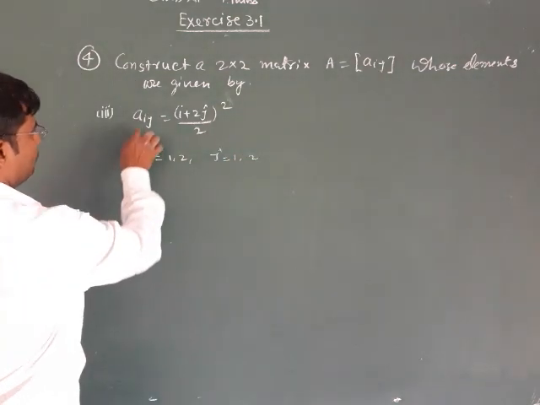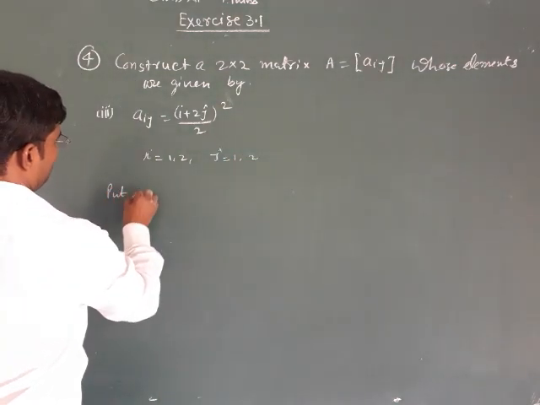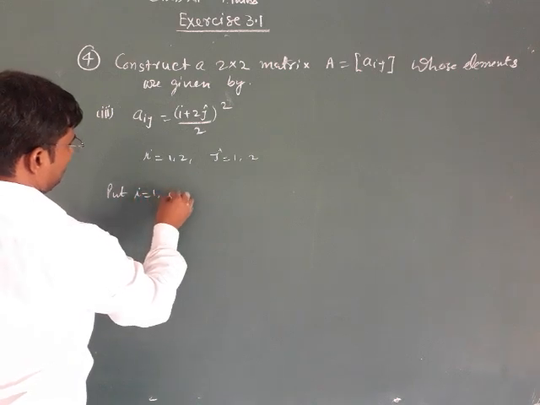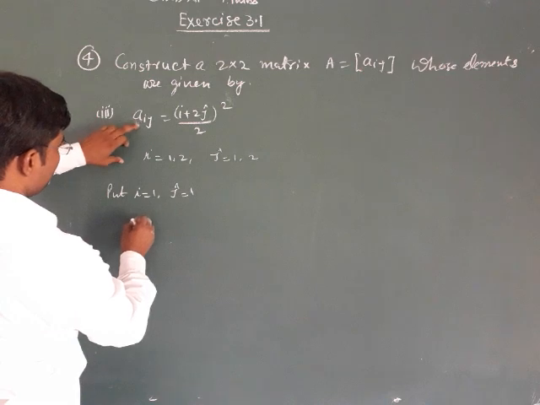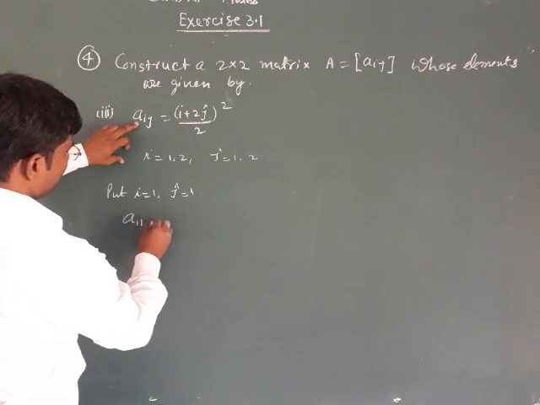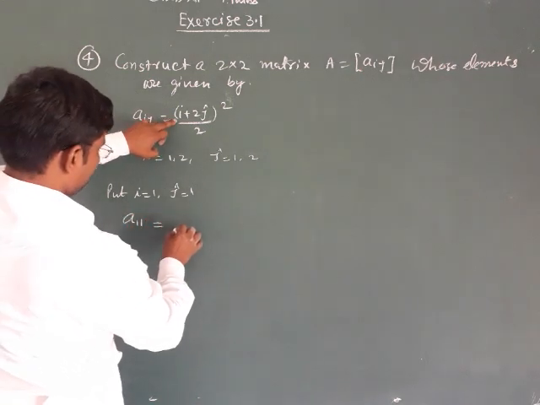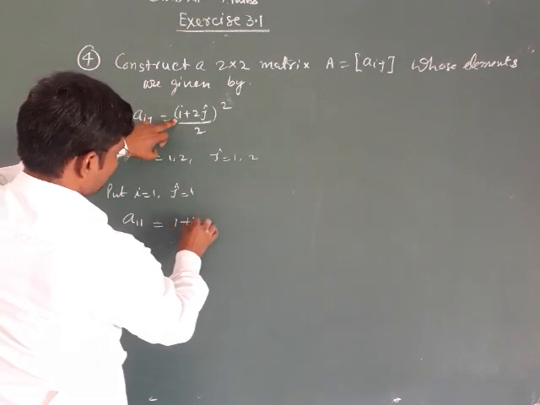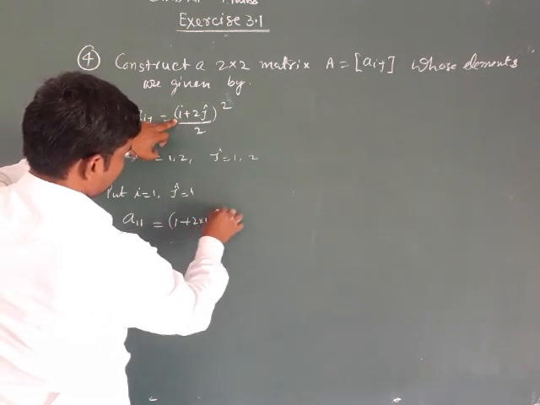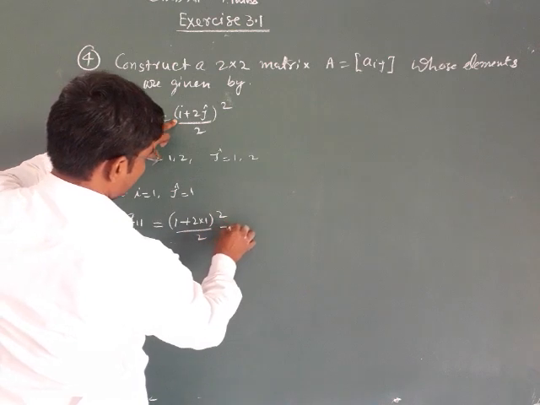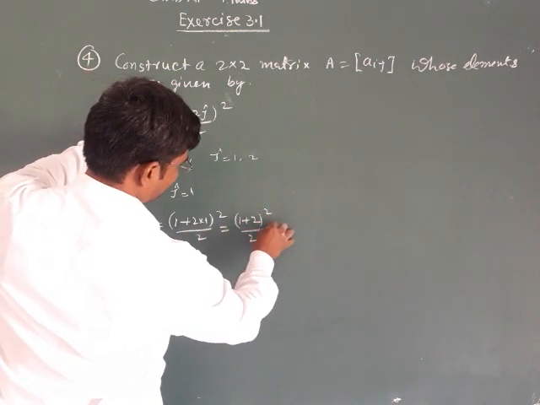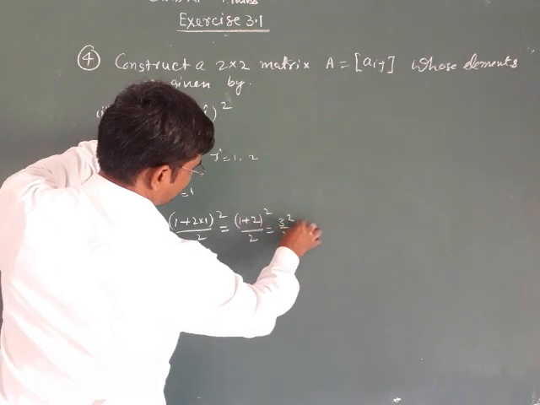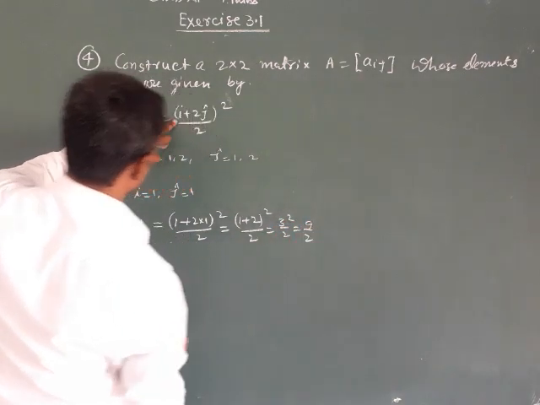Now put i is equal to 1 and j is equal to 1. So a11 is (1 plus 2 into 1) whole square upon 2. This is (1 plus 2) whole square upon 2, this is 3 square upon 2, which is equal to 9 upon 2.